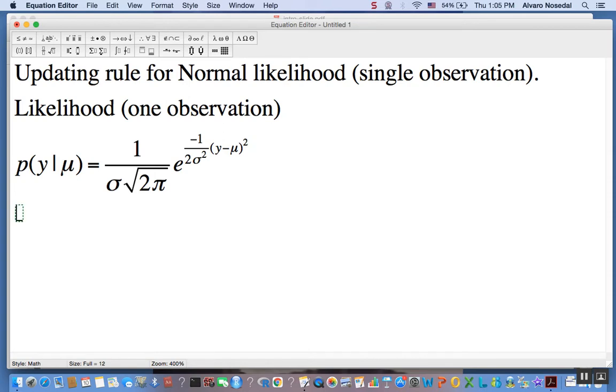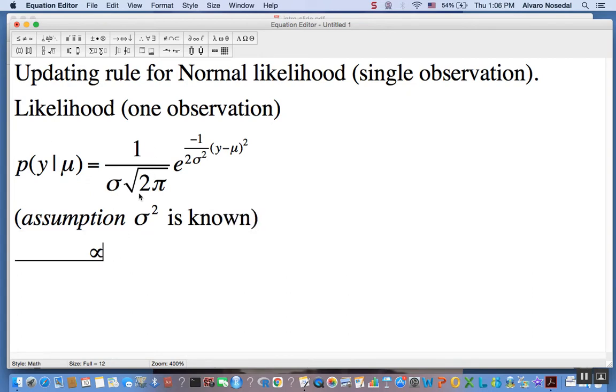Now let's try and simplify this using the proportionality symbol. Since we are assuming that sigma squared is known, let me just point that out. Assumption: sigma squared is known.